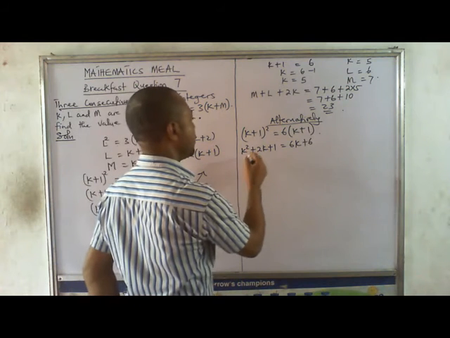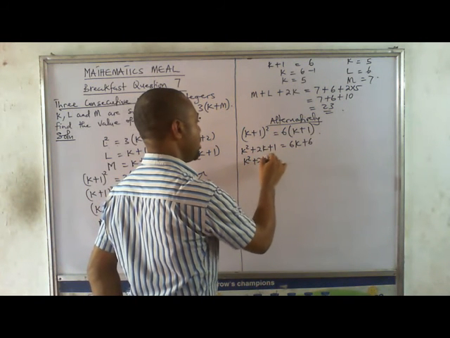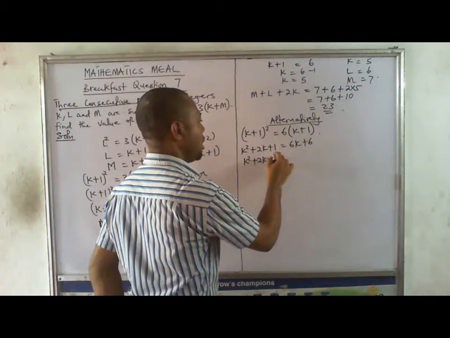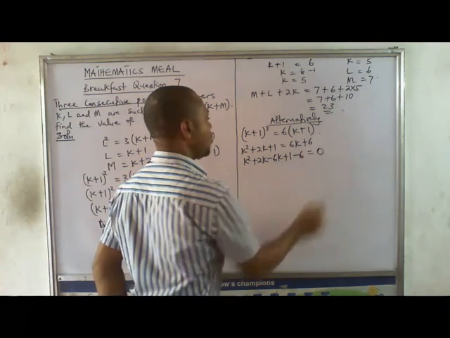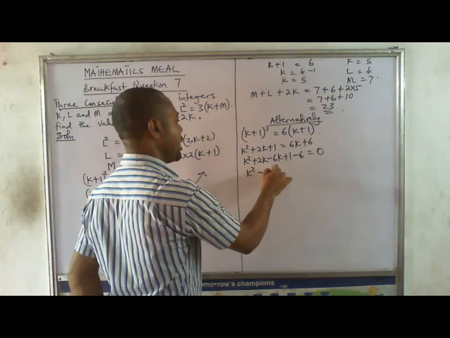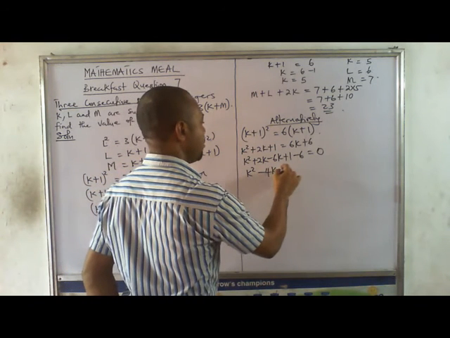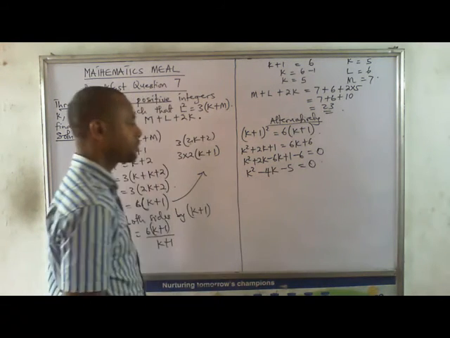We are going to have k squared plus 2k minus 6k plus 1 minus 6 equals 0. So that will give us k squared minus 4k minus 5 is equal to 0.